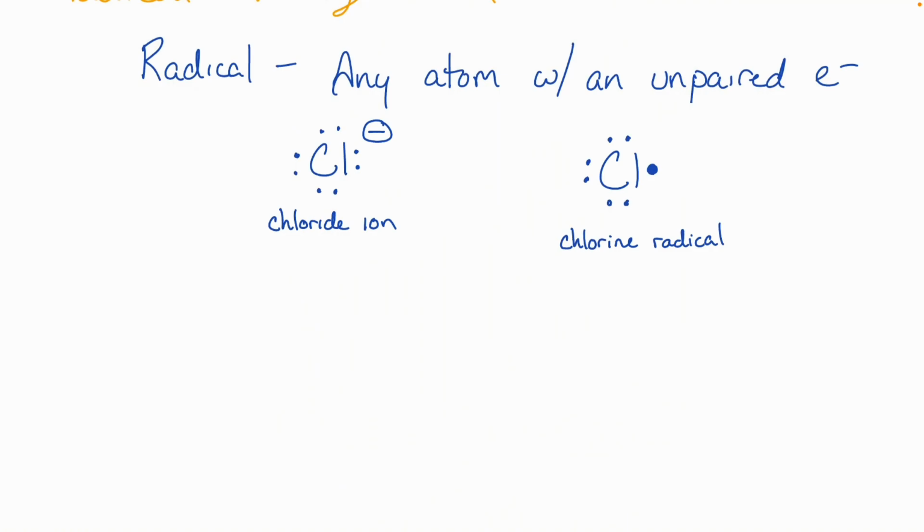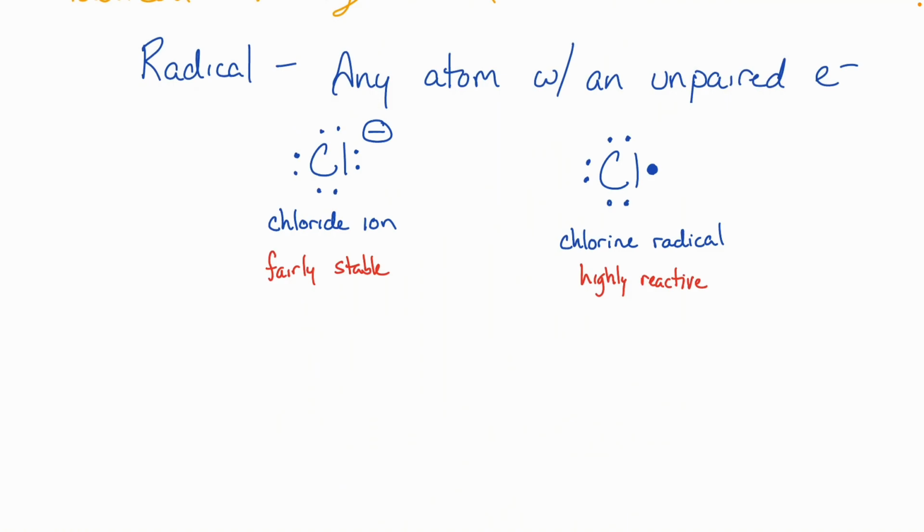All right, and whereas paired electrons, and in this case this chloride ion, is fairly stable, especially because it's a chlorine and it likes being an ion, this is highly reactive. All right, these unpaired electrons are pissed off.